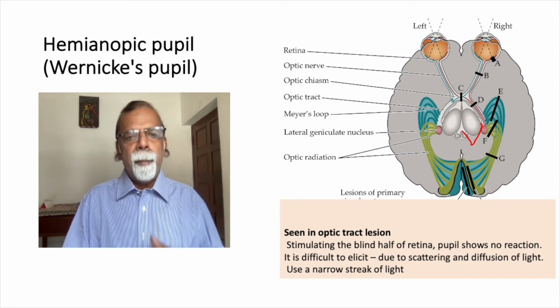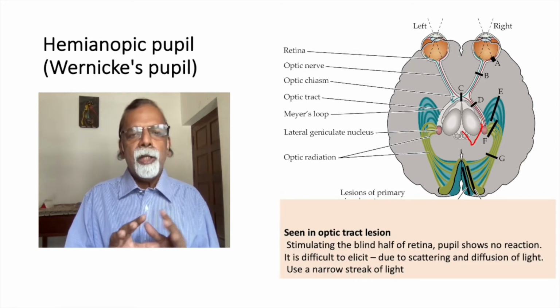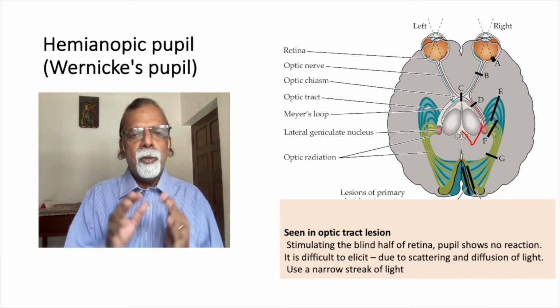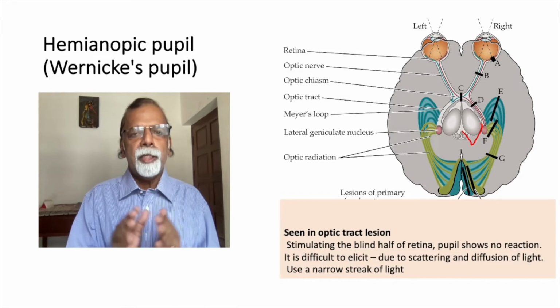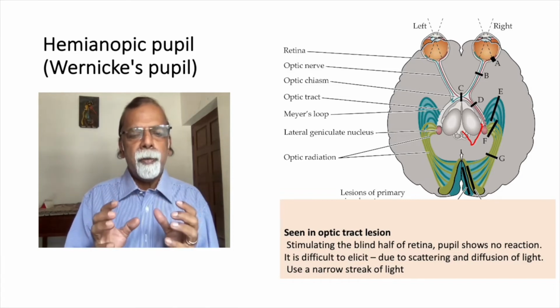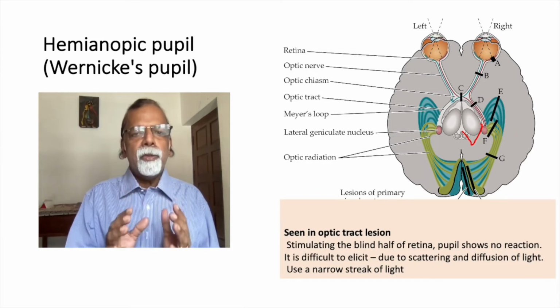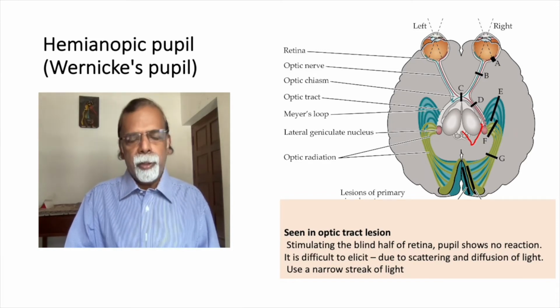The Edinger-Westphal nucleus is a midline nucleus, so this will give parasympathetic outflow to both the third nerves, and this will produce constriction of the pupil because of the parasympathetic outflow from the Edinger-Westphal nuclei.